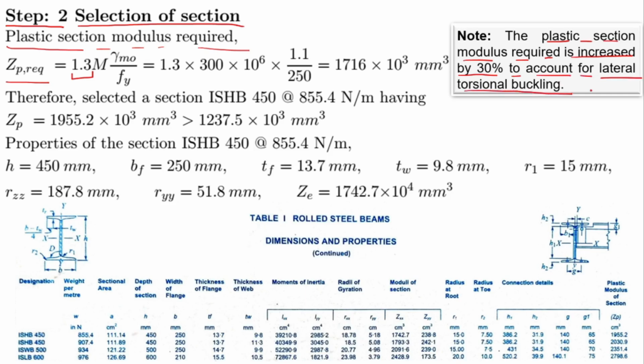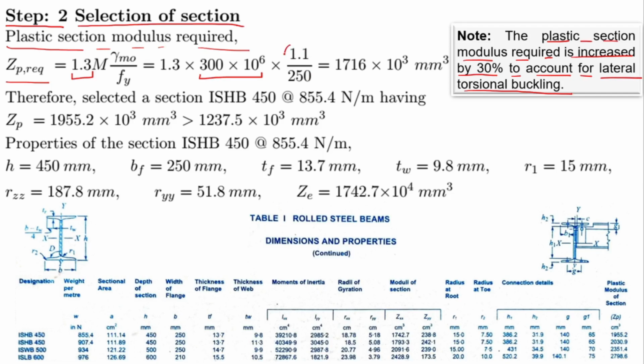As the given beam section which we are going to design is laterally unsupported, it is subjected to lateral torsional buckling. That's why we have increased the required section modulus by 30%. Here the given factored bending moment 300 kN meter is converted into 300 into 10 to the power 6 Newton mm.